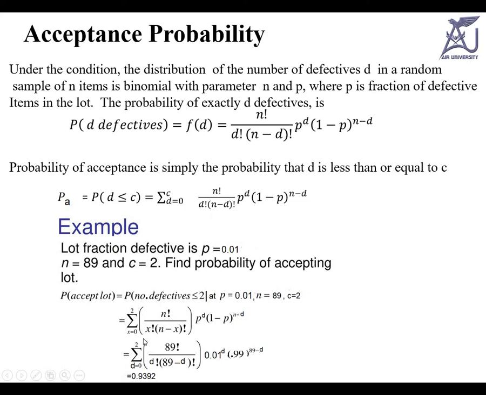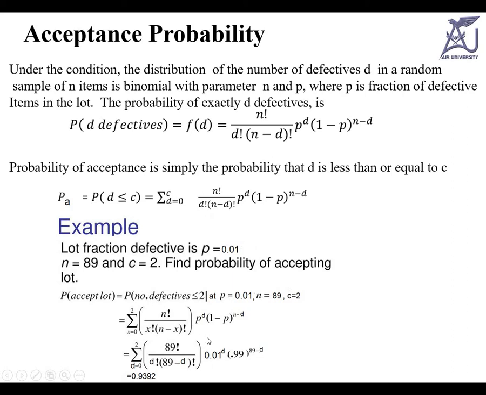First we will calculate the probability of acceptance for 0. So we will put D equal to 0, and n is the sample size. Then you will find out 1, then you will find out 2. You will sum up all three and you will come to know that the total acceptance is equal to 0.9392.